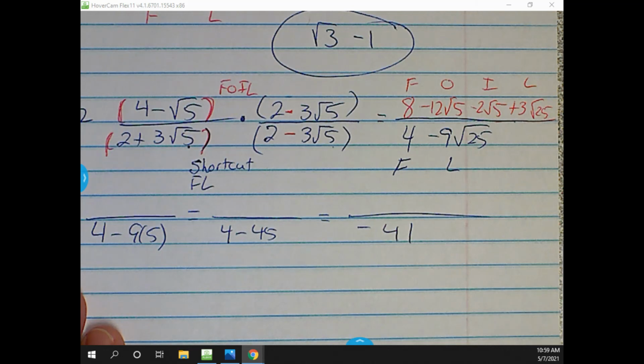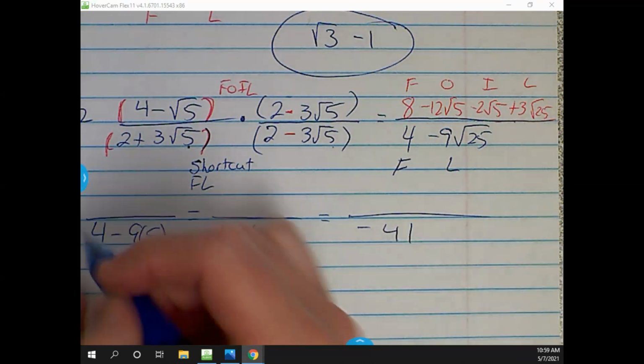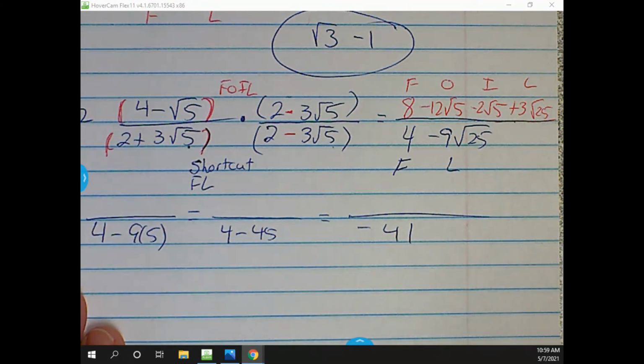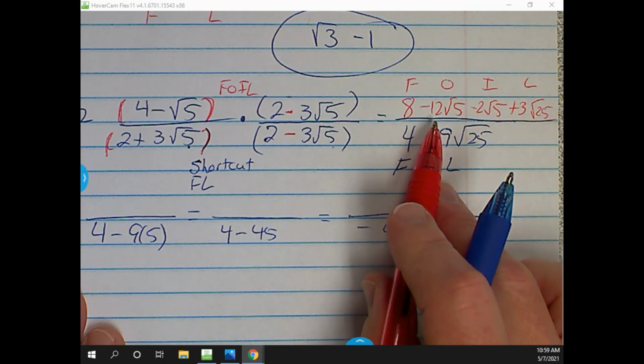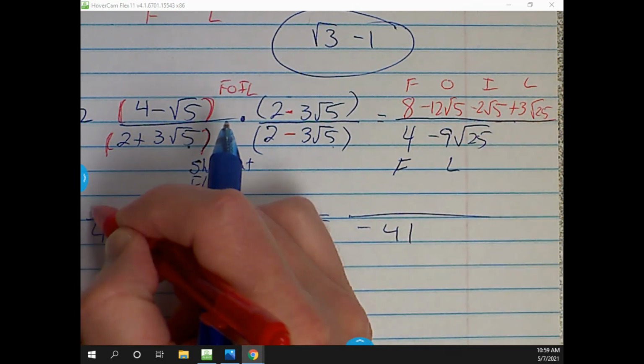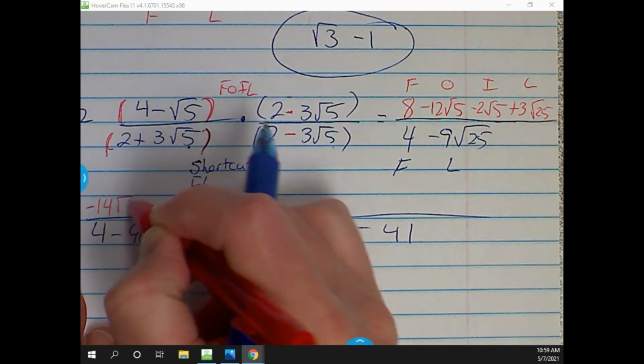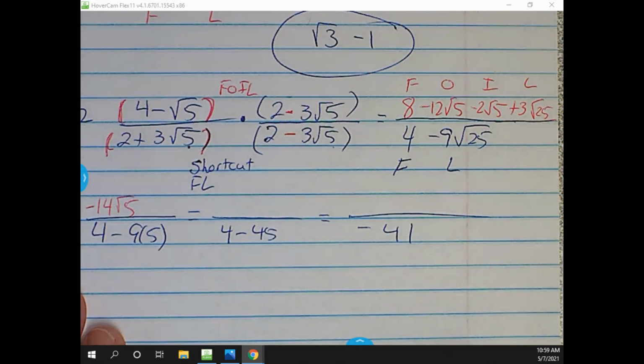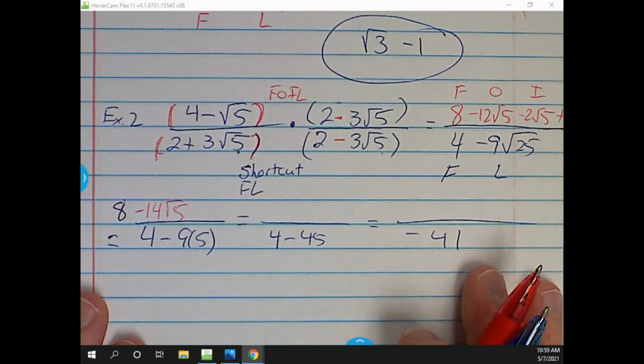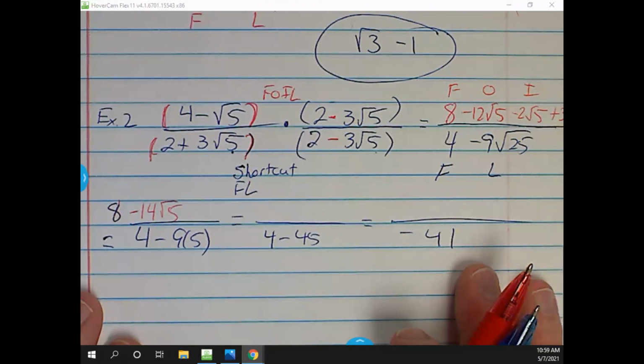Okay, and if it's a good full method problem, you've got 2 or 3 different things we can do for this one. The 8 in the front is good. There's nothing we're going to do with that, so that's just 8. The next 2 terms, though, we've got negative 12 square root of 5 minus 2 square root of 5. That's a negative 14 square root of 5. Oh, sorry, I ran off there. So we got 8 minus 14 square root of 5.